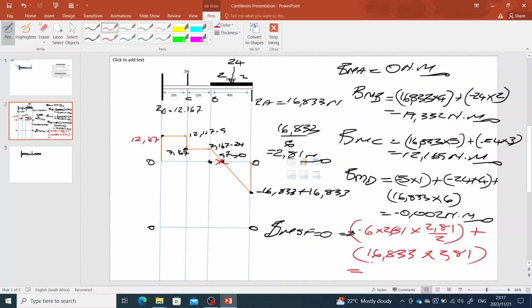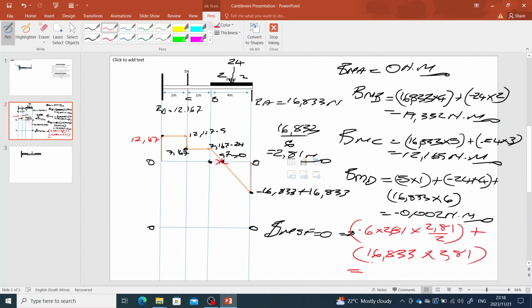Then I get my answer as negative 6 times 2,81 multiplied by 2,81 divided by 2, close bracket, plus open bracket, 16,833 multiplied by 2,81, close bracket.